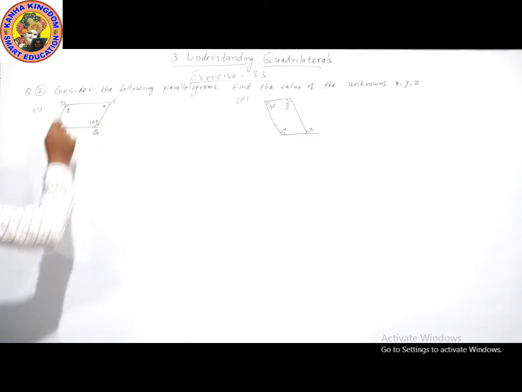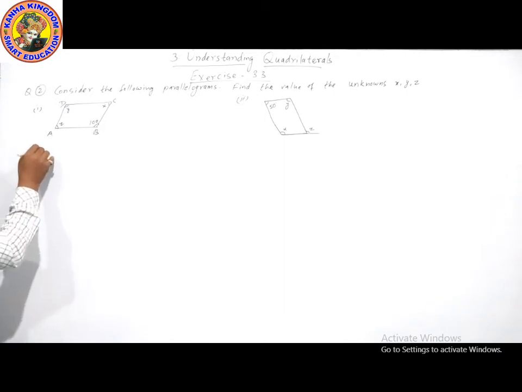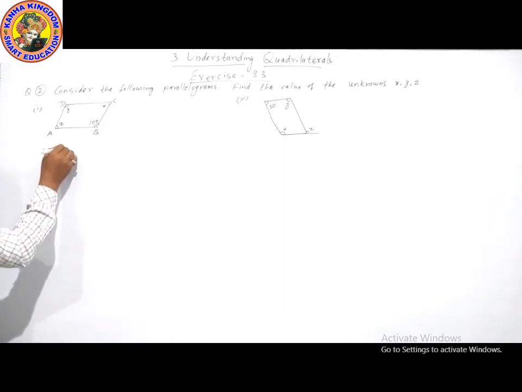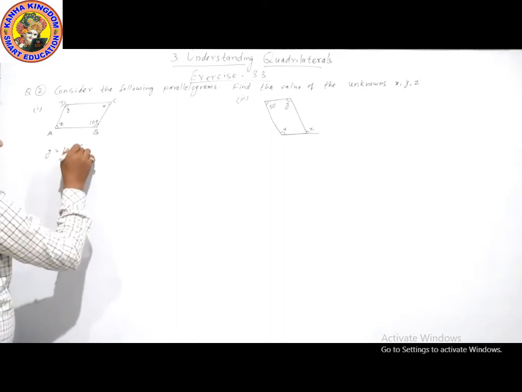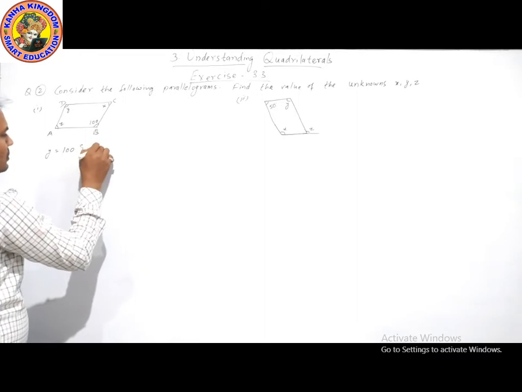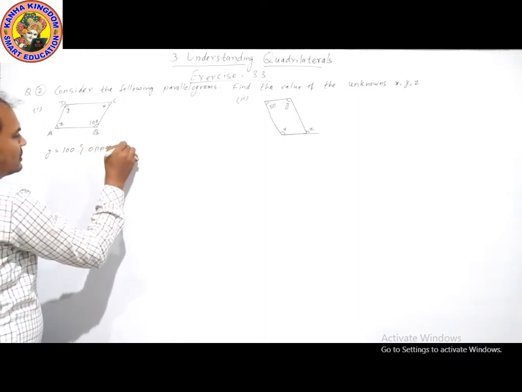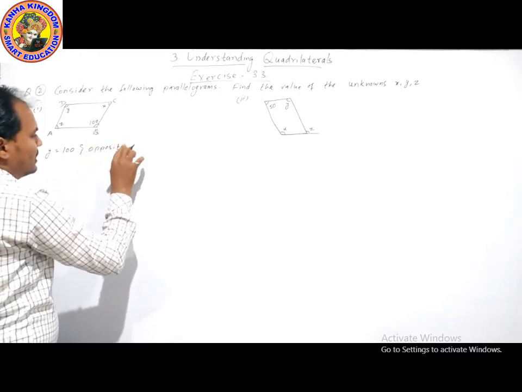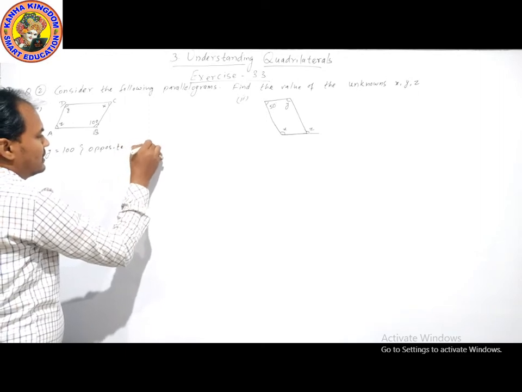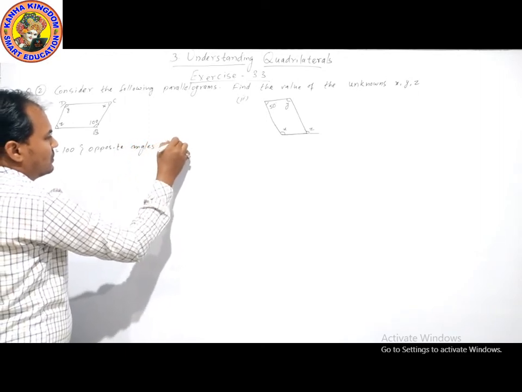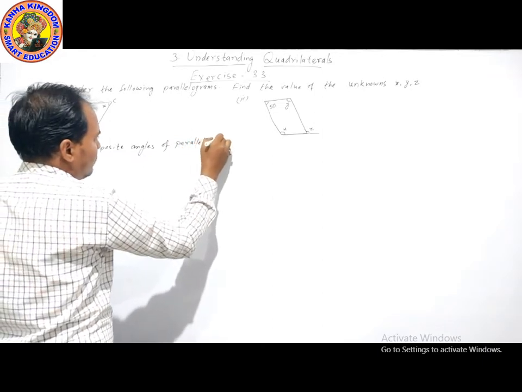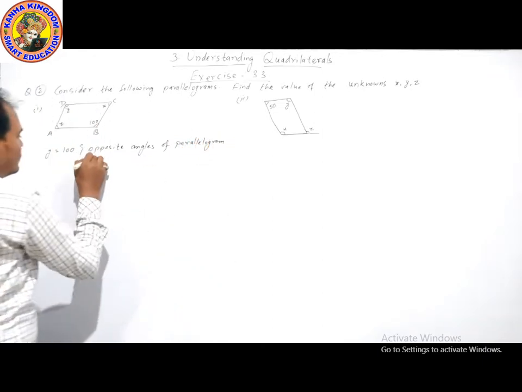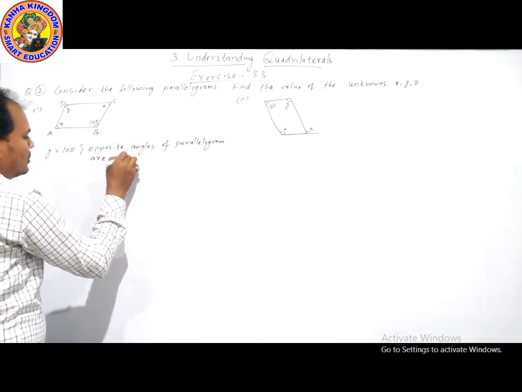So y is equal to 100, because opposite angles of a parallelogram are equal.